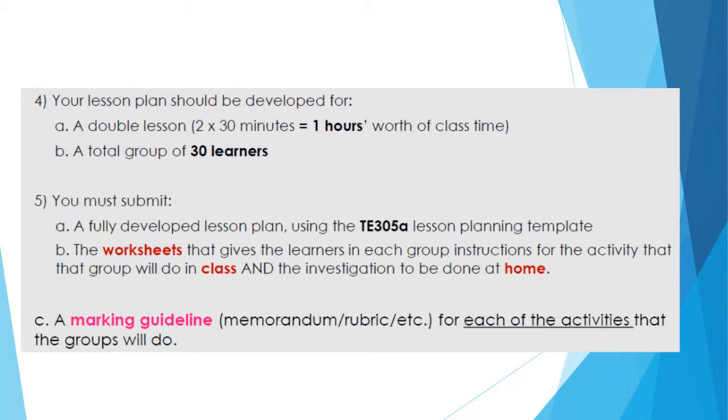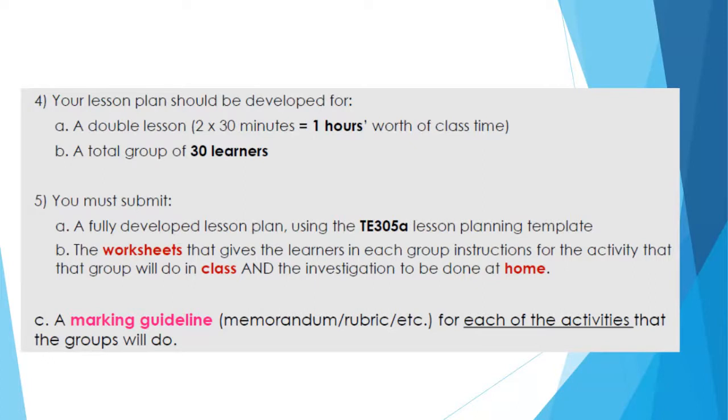So let me just explain this again. You're going to submit a lesson plan. In that lesson plan, you're going to explain what your different groups will do in the class as class activities. You need to then also supply those class activities as worksheets for the different groups.